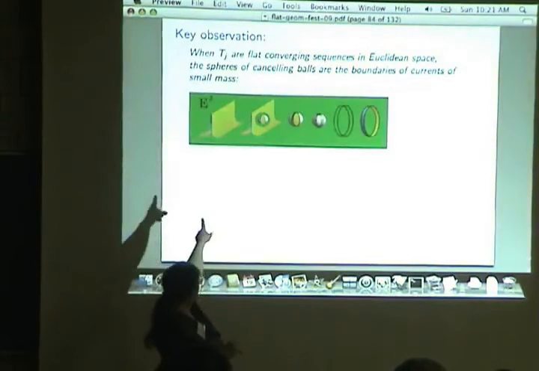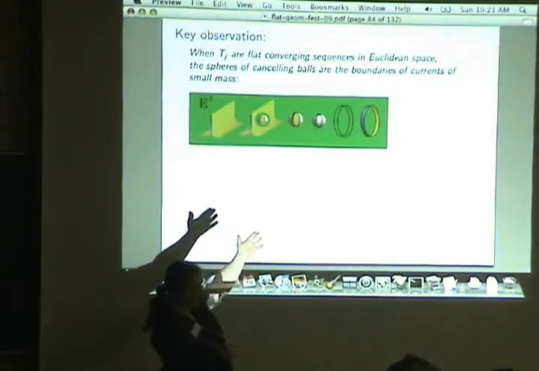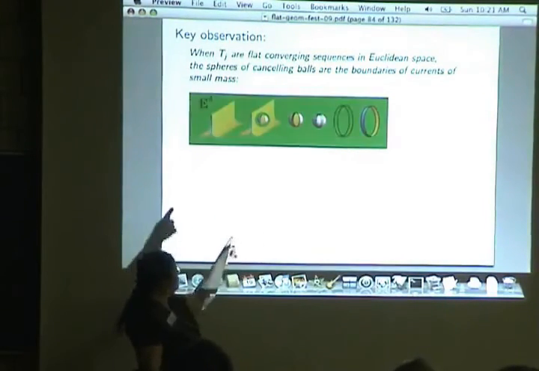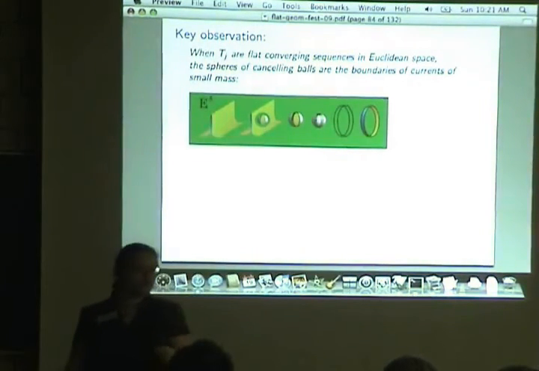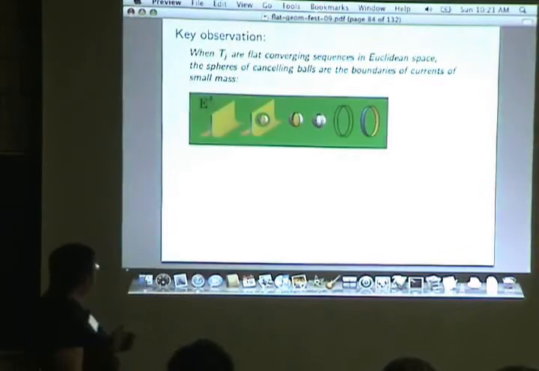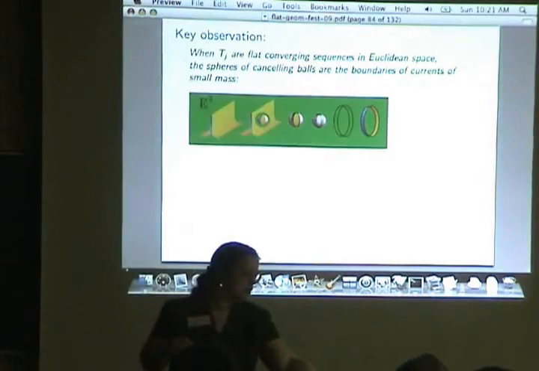So in the first step I have just a sheet, then I look at the cutout ball, then I look at the boundary. So I expanded the boundary so you could see it better. And then I filled it in with a different minimal surface. So we noticed that whenever 2 sheets come together, the boundaries of balls could be filled in much more efficiently with this thin little thing instead of these 2 sheets that are canceling.